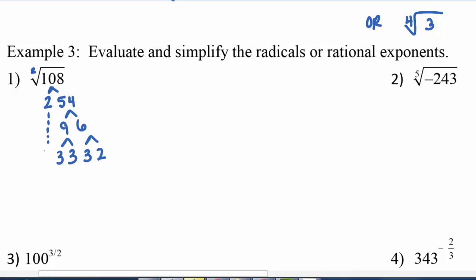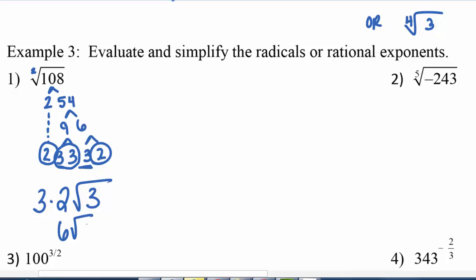And then I can bring this 2 down as well. So I have a pair of 3's and a pair of 2's, and that 3 is left over. So I can take one 3 out on the front times the 2 out on the front, and then I have a square root 3 left over. So that's the same as 6 root 3.